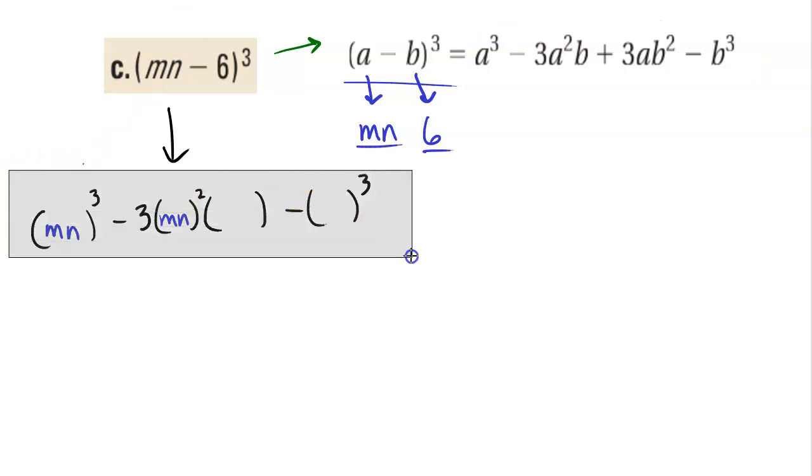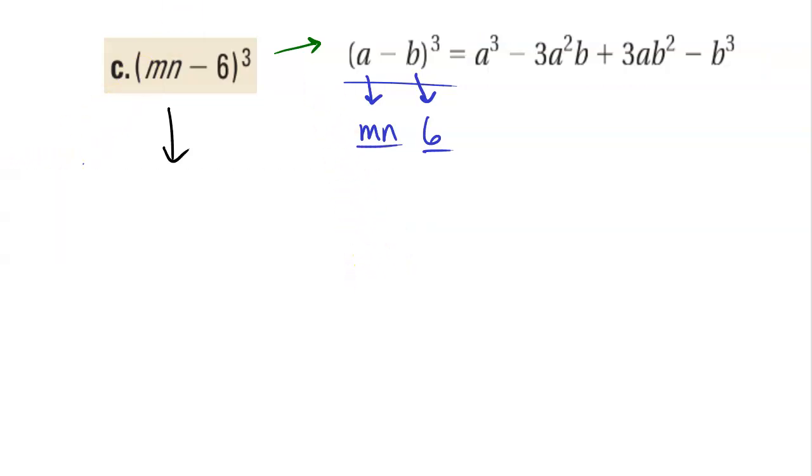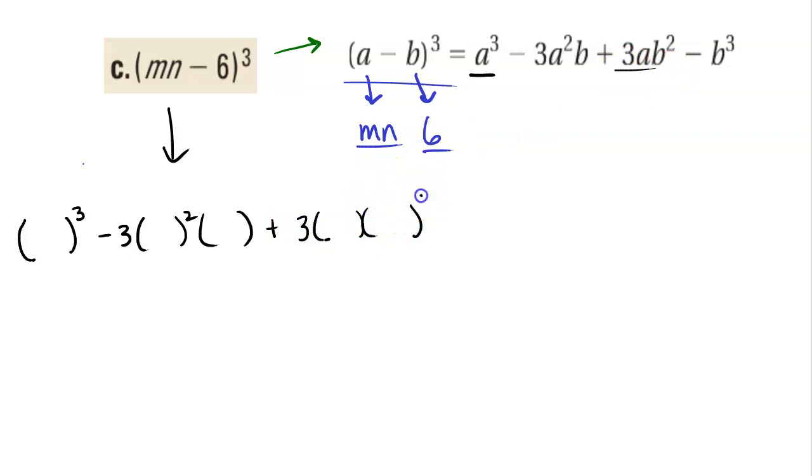So I'm going to map this out and write this as a cubed, which is what I have over here, minus 3 times a squared b. I'm not going to plug in those values yet. And then plus 3 times a times b squared, and then minus b cubed.